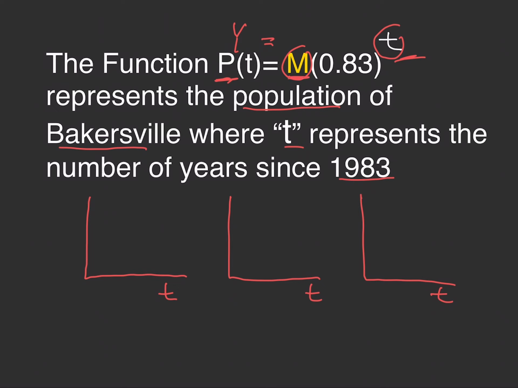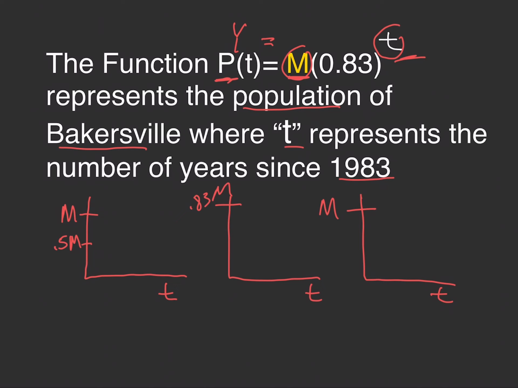So maybe they graph this, maybe they put in M here, and then maybe they put in 0.5 M, or this one could be 0.83 M or something like that.